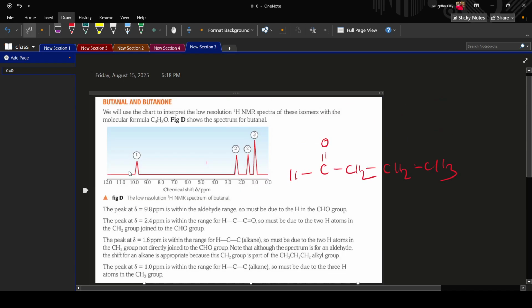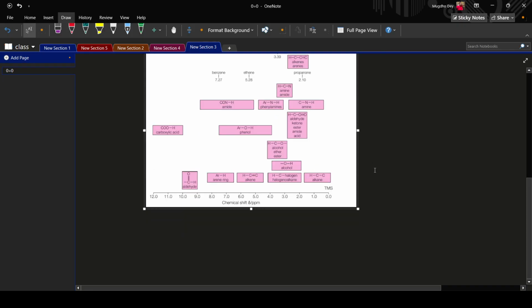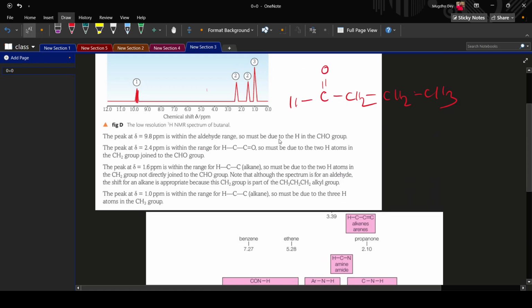They said here the 9.8 peak. You can clearly see this is the 9.8 peak. It is within the aldehyde range, so it must be due to the H in the CHO group. Do we have it here as well? I think we do. You clearly see that 9.8 falls within the aldehyde range. Okay, so our first hydrogen environment detection is completed.